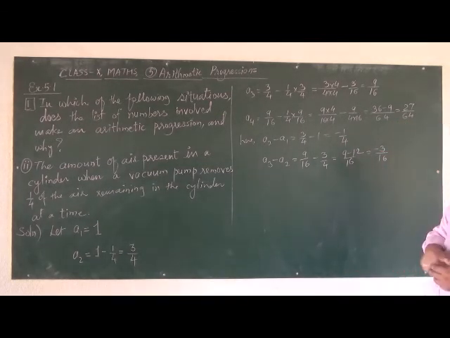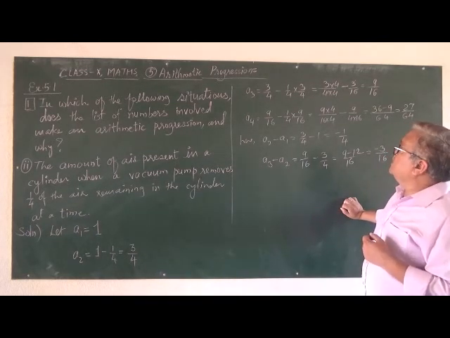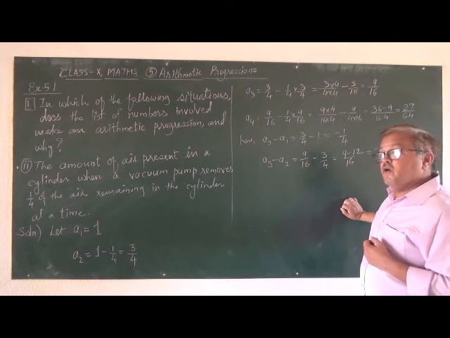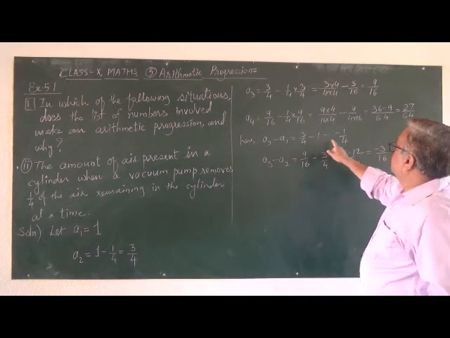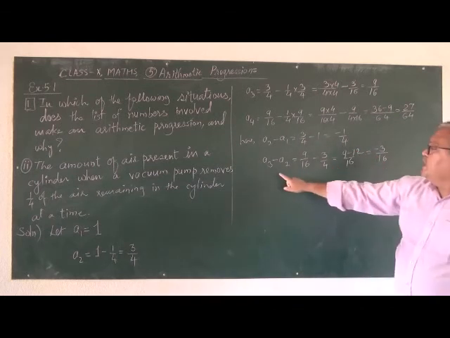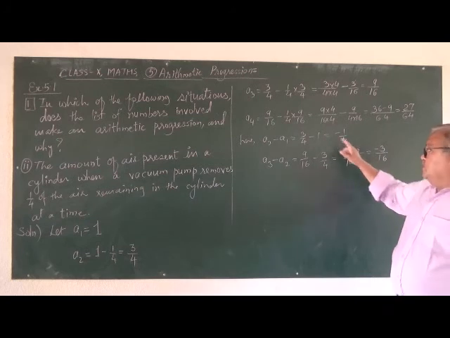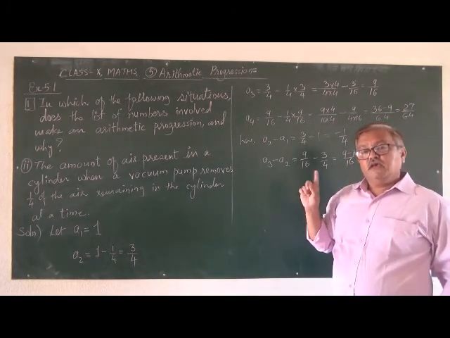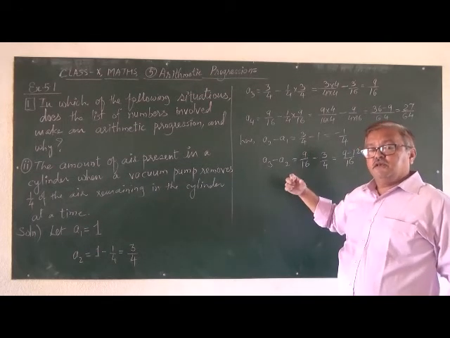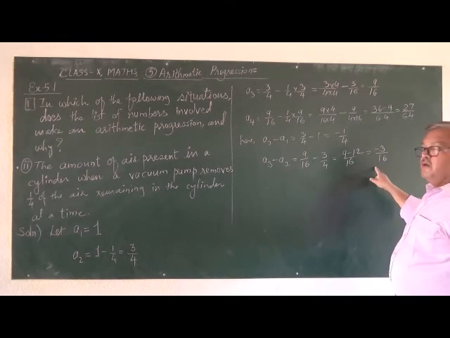So can you see, does this list of numbers form an AP? Definitely not, because A2 minus A1 we are getting minus 1/4, and A3 minus A2 we are getting minus 3/16. The difference can be negative also. Common difference can be negative, but it should be constant, but here it is not constant.